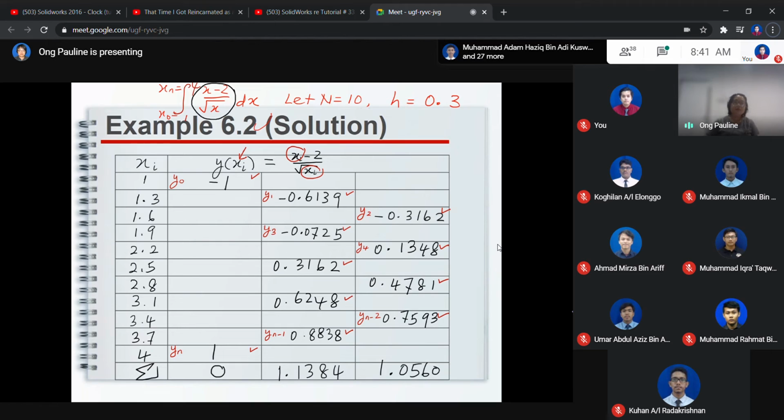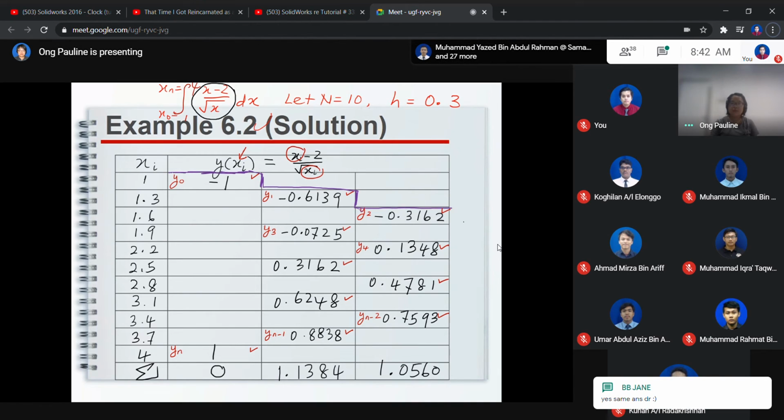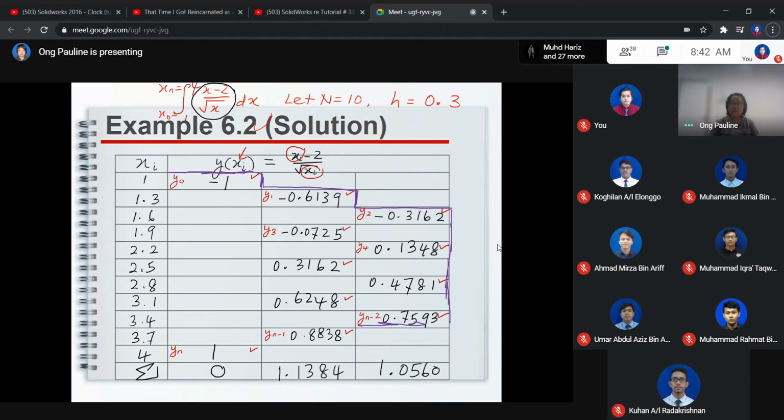Okay, so kalau saya cuba lorekkan yang border ini, you will see that we get something symmetry kan?